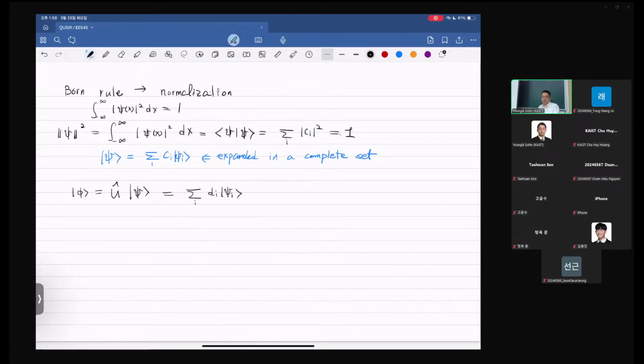Then the inner product of this new quantum state is going to be something like this, in a complete set. The electron has changed to a new quantum state, but it's an inner product, and the self inner product always has to be one before and after changing.